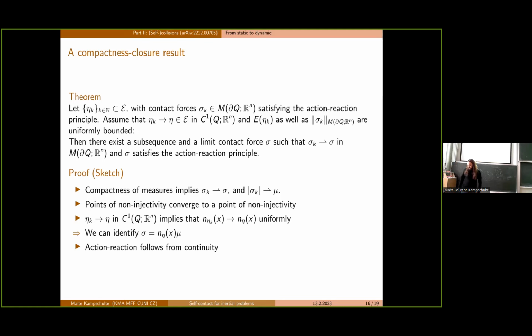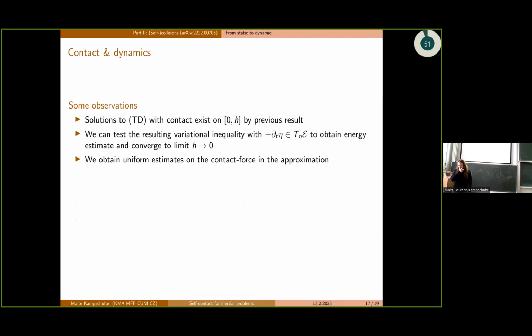So that's fine. That direction works out. Yeah, then we use that the normal converges uniformly. We can identify this measure with the right limits, and this action-reaction principle that the forces cancel actually follows from continuity.